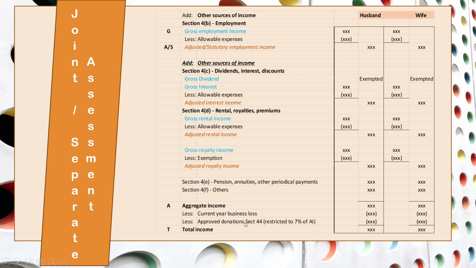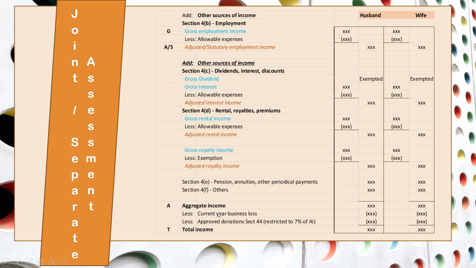For individuals, there are some donations that you can deduct in order to further reduce your chargeable income, because the idea is that the more you can deduct, the lesser your income will be, and of course your tax liability will also be lesser. However, not all donations that you make can get deductions.